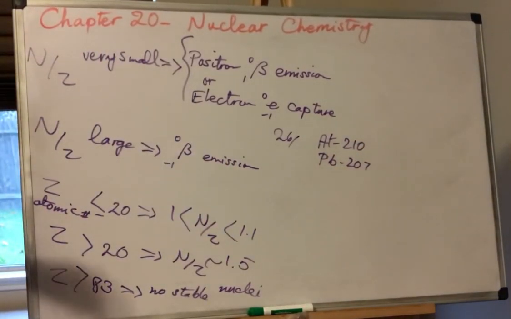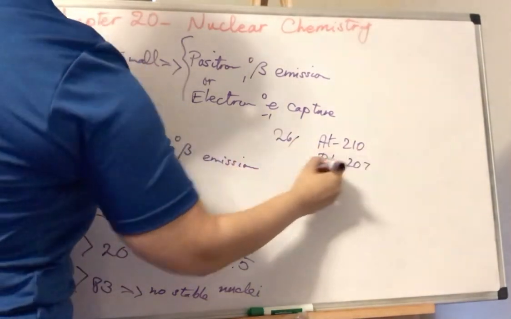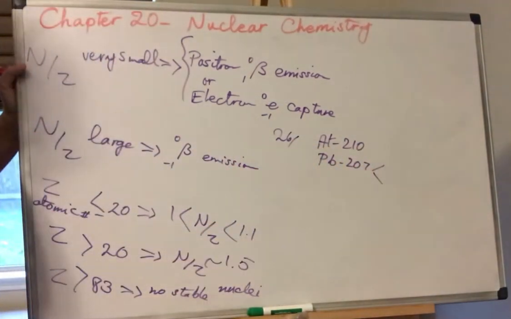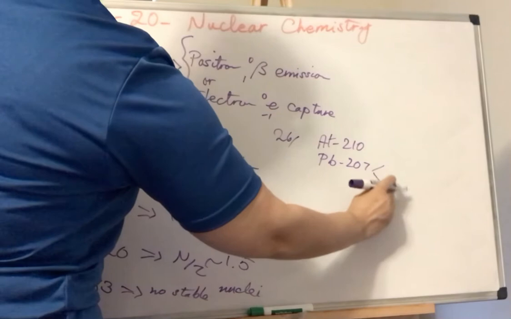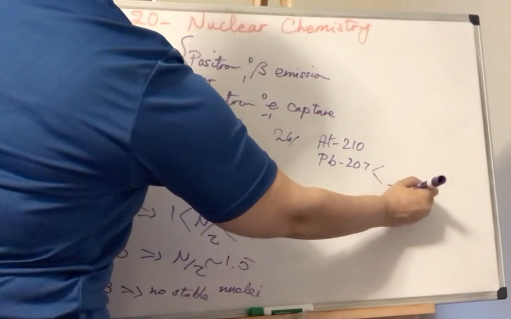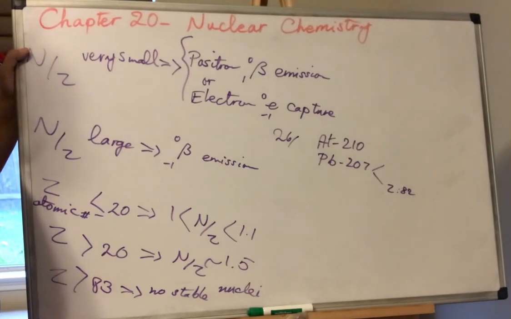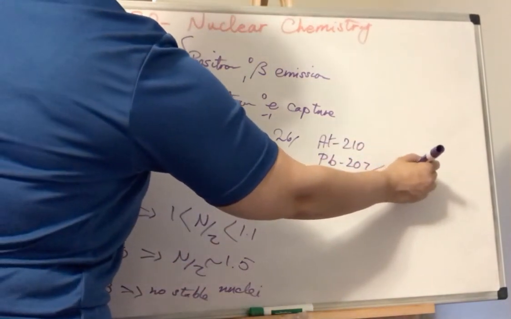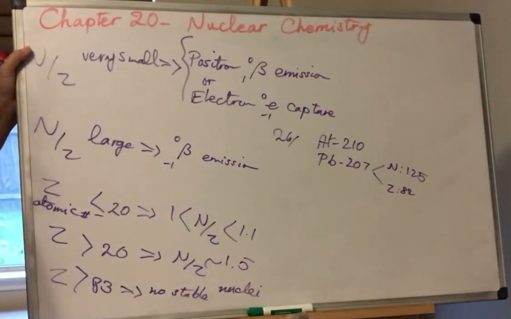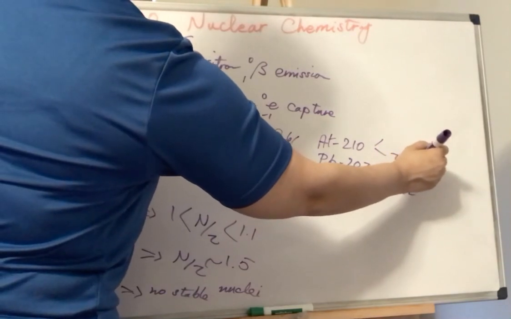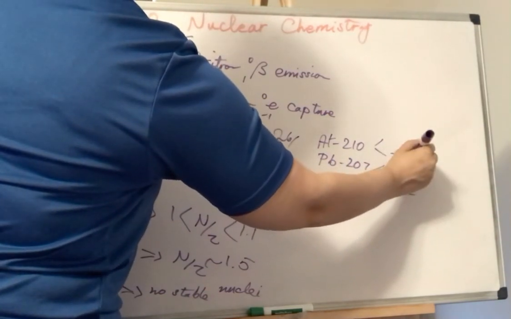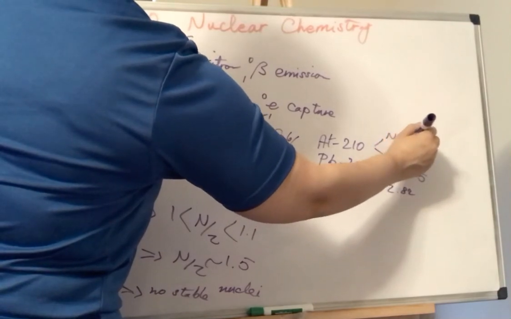If you look them up in the periodic table, lead 207 has 82 protons, and the number of neutrons in it is 125. For astatine, we have 85 protons and the neutrons are the same, 125.